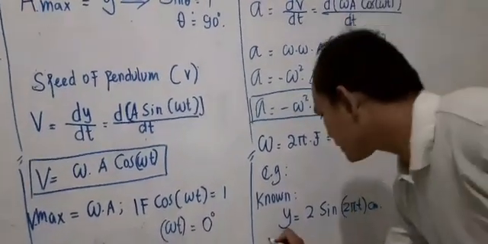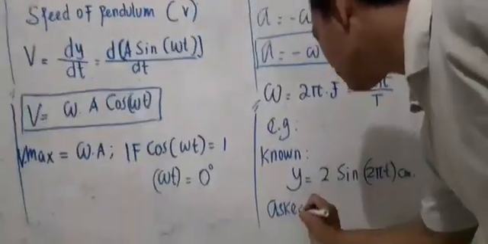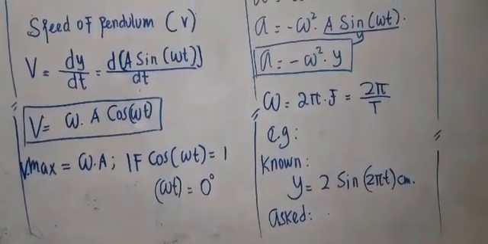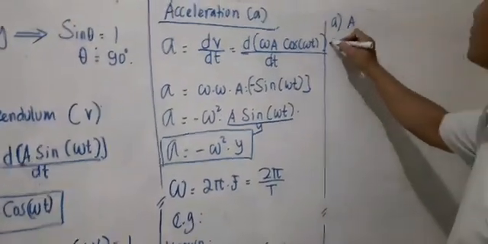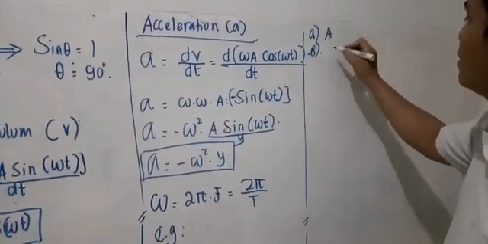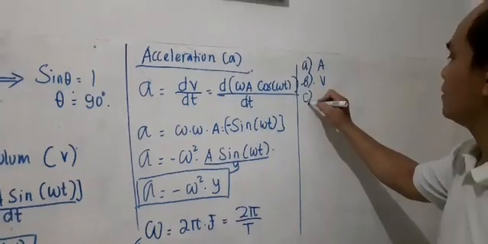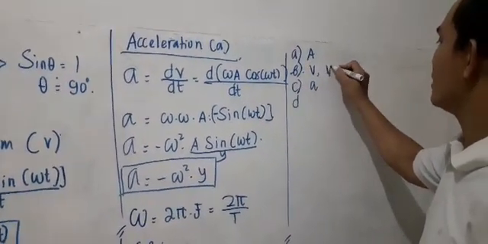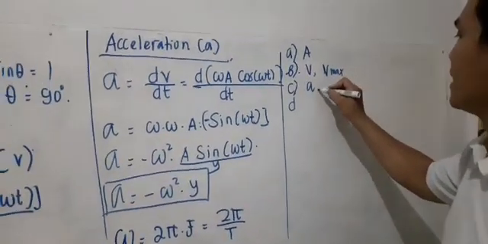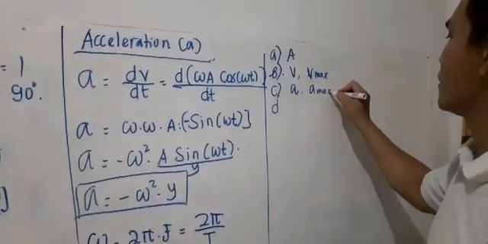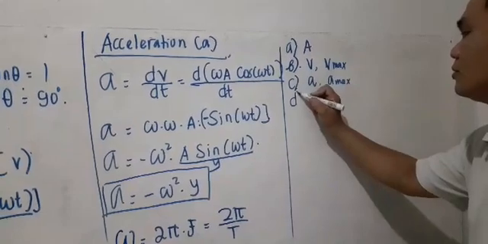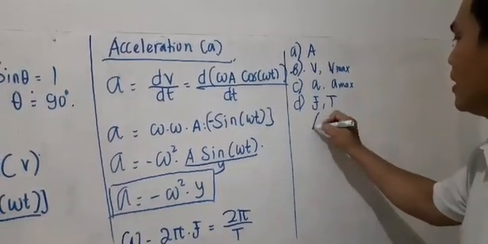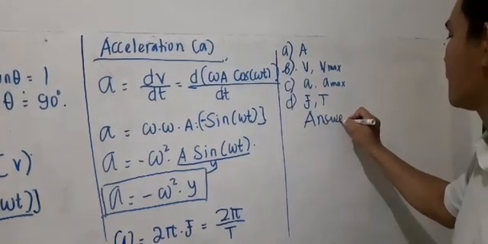You are asked: first, what is the amplitude? Second, what is the velocity? What is the acceleration? What is the maximum velocity? What is the maximum acceleration? And also, what is the frequency? What is the period?